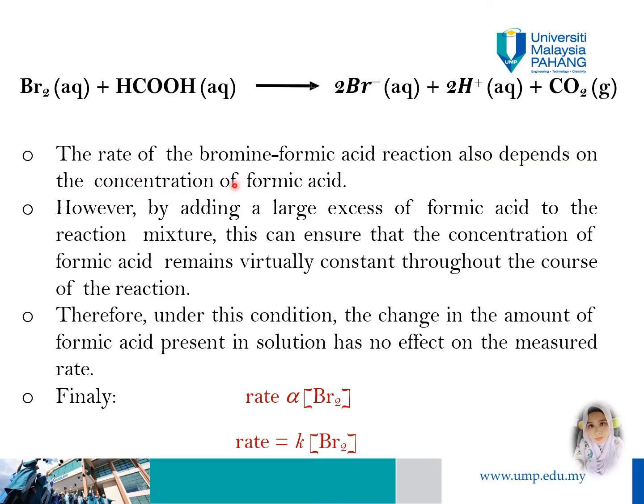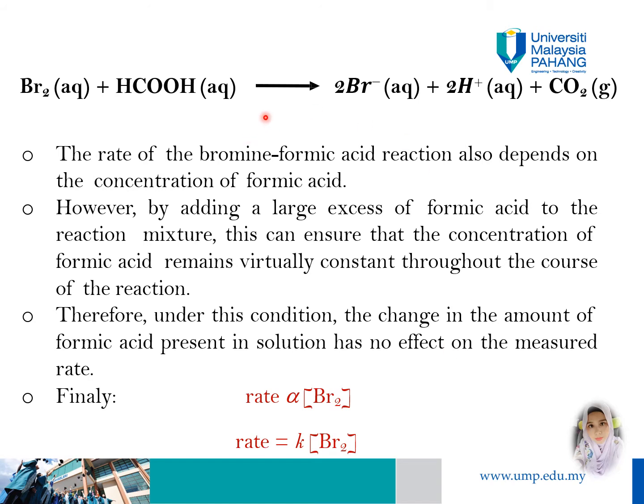Okay, the rate of reaction between the bromine and formic acid also depends on the concentration of the formic acid. However, when we use an excess amount of formic acid, we want to ensure that the concentration of formic acid is constant, and then the change in the amount of formic acid in the solution will have no effect on the measured rate.